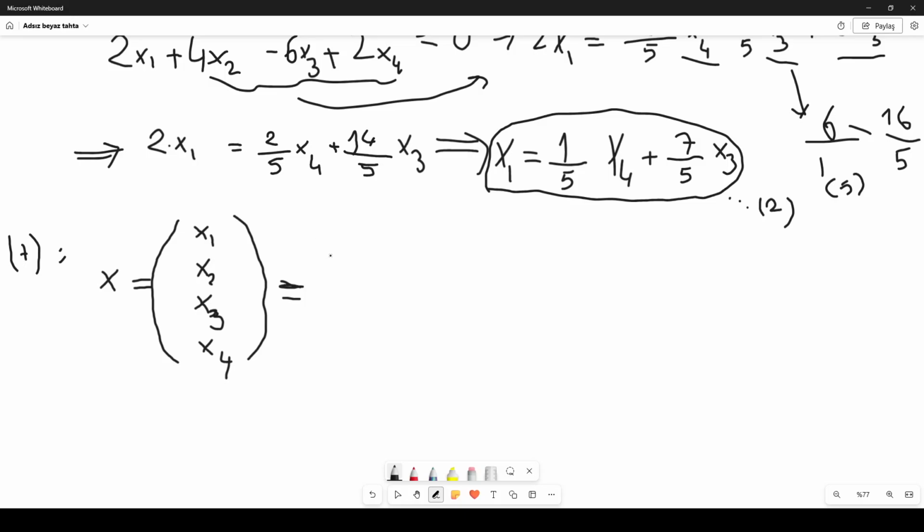Okay, how can I do that? I know x1 and x2 are basic variables, and I write these unknown variables in terms of free variables. So let's write them down. For x1, which I numbered with equation 2, x1 is nothing but, let's write it this manner, 7 over 5 x3, plus 1 over 5 x4.